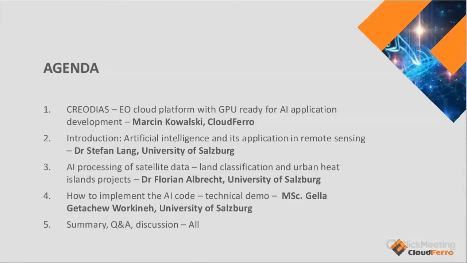Then Stefan will introduce us to artificial intelligence and its application in remote sensing. Thirdly, Florian will talk about AI processing of satellite data, such as land classification and urban heat. And finally, Gella will show us a technical demo on how to implement AI code on a live model. And we'll conclude our session with a summary and Q&A.